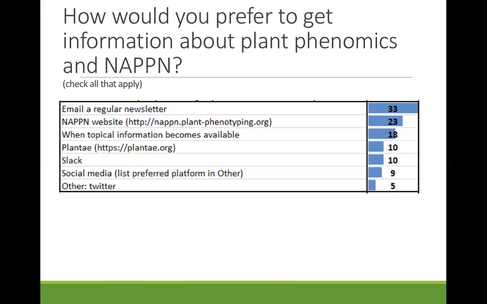We have information out on the website, send out information as it becomes available, and then there's some other social media type ways of attaining information. I think our strategy will likely be use multiple avenues as much as we can handle to try to get it out in several different ways.